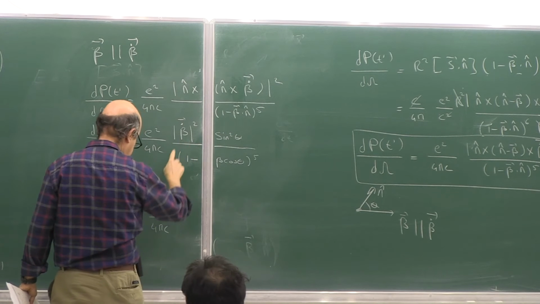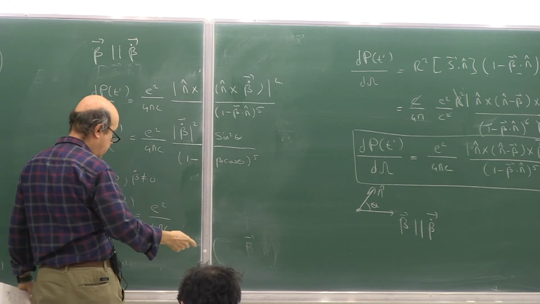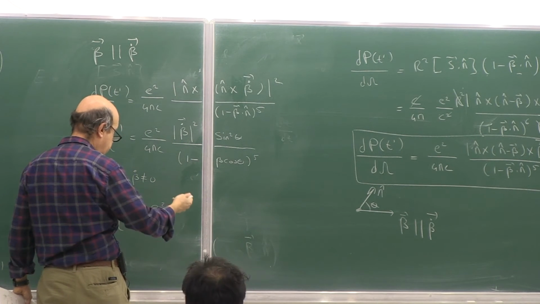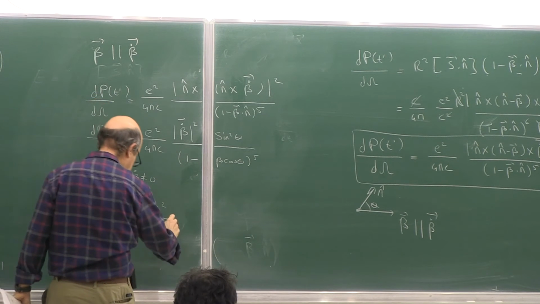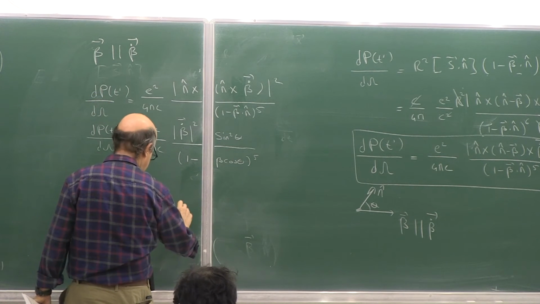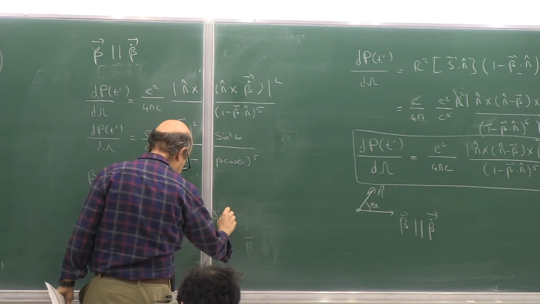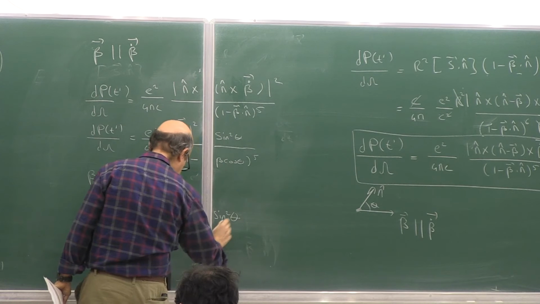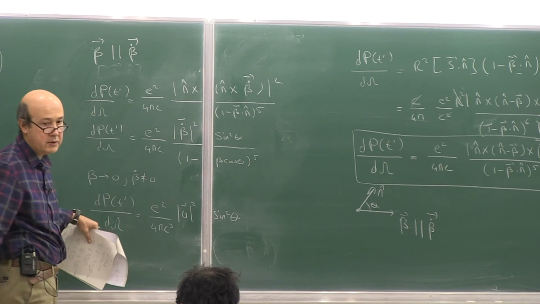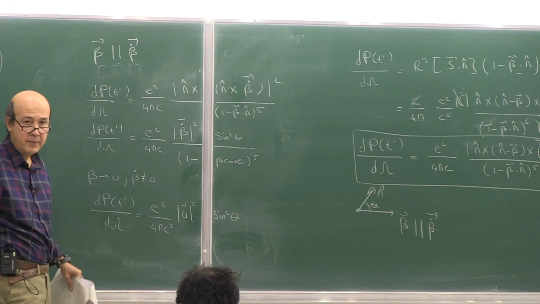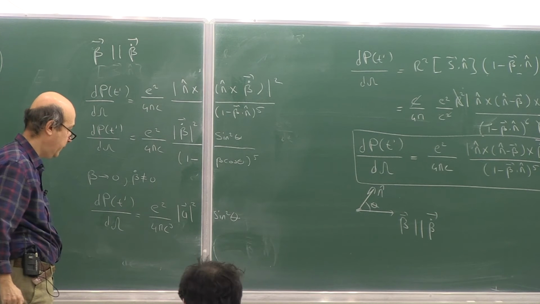Beta dot is nothing but acceleration over c, and squared, that makes c cubed, and the square of the acceleration times sine squared theta. So this formula is known. This is the dipole pattern.